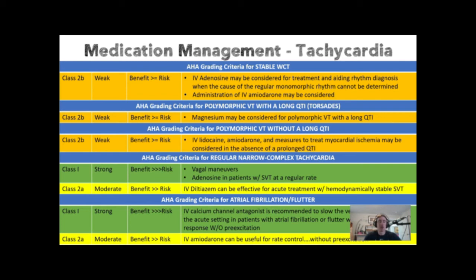Now, amiodarone can cause the blood pressure to drop, especially if it's already marginal. But in most cases, your go-to is going to be 150 of amio over 10 minutes.